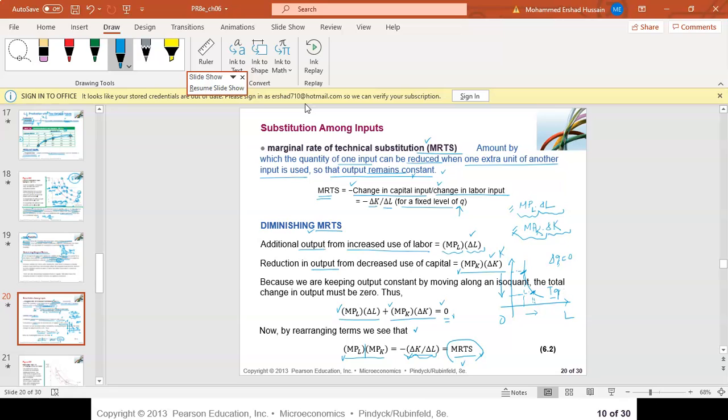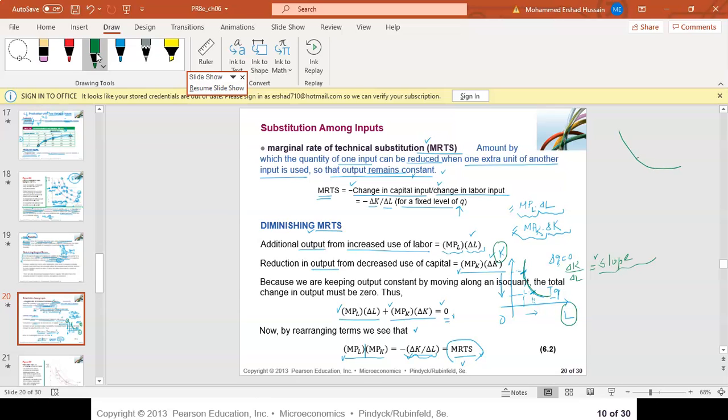We are plotting K on this axis, and L on this one. So delta K over delta L is rise over run, which is the slope of the isoquant. The isoquant is a curve, so if you want to measure its slope at a certain point, you have to draw a tangent.